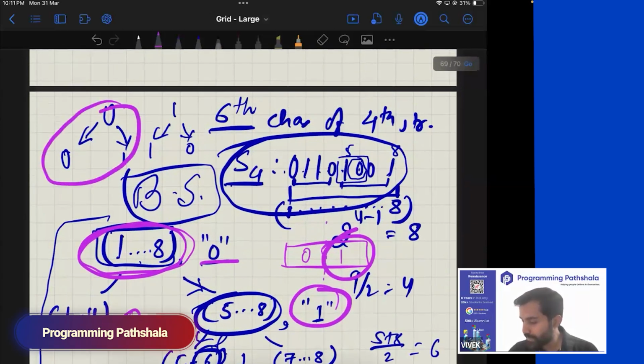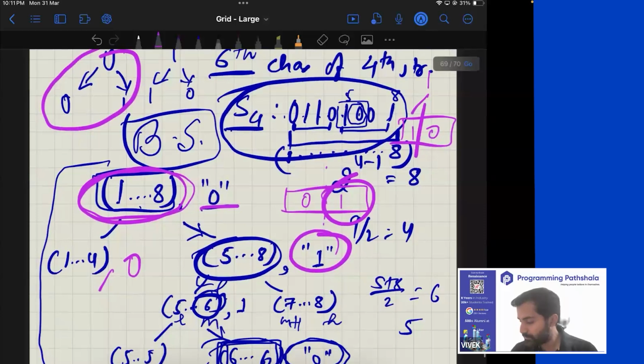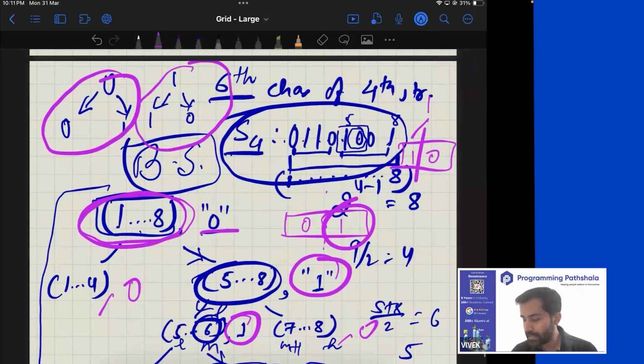But if the substring that you are considering is, let's say, representing 1, then how does 1 split? 1 splits as 1, 0. So if you go to the left of 1, it splits as 1. And if you go to the right of 1, it splits as 0. That is the idea. So what I showed is that if you're going to the left half, your current is not changing. If you're going to the right half, it is toggling. From 0, it becomes 1. From 1, it becomes 0.